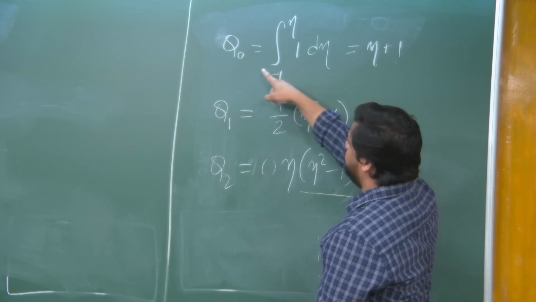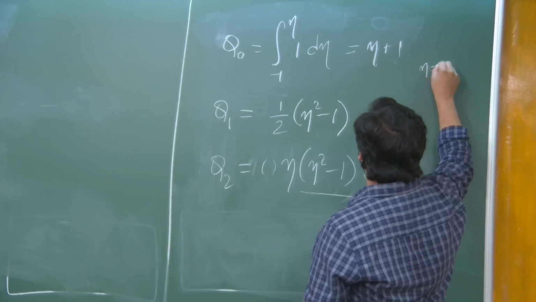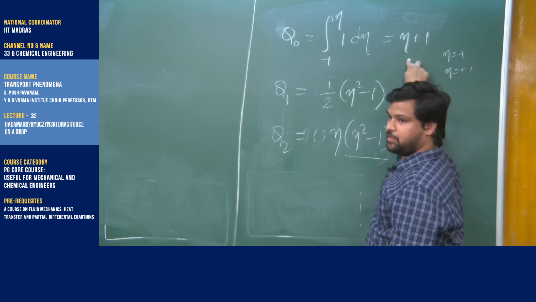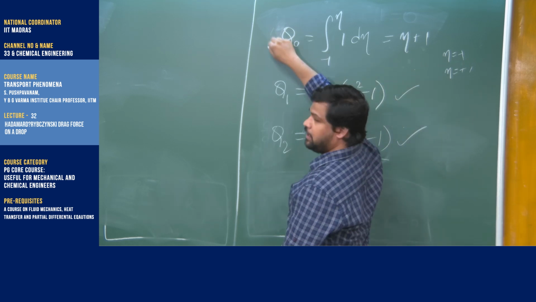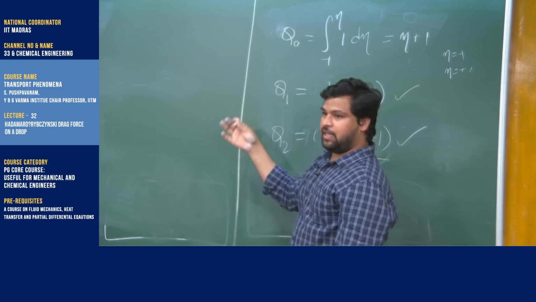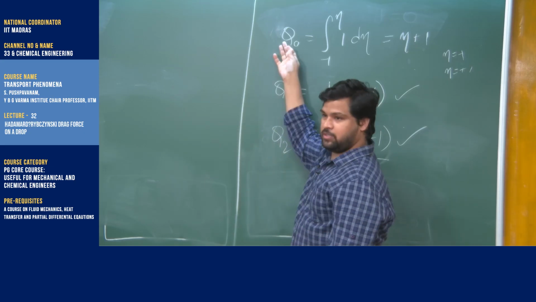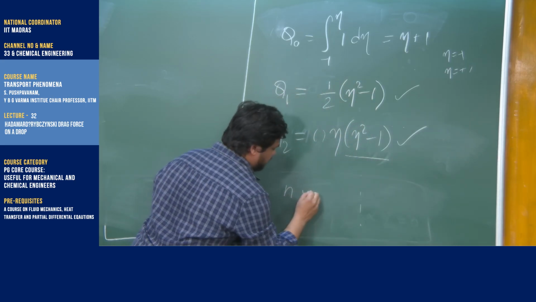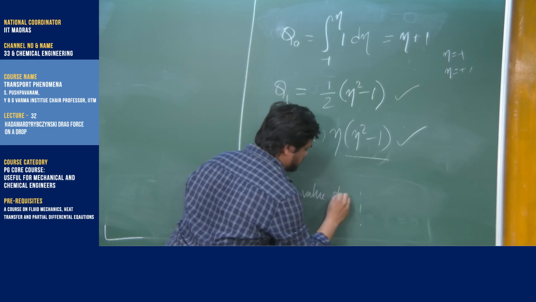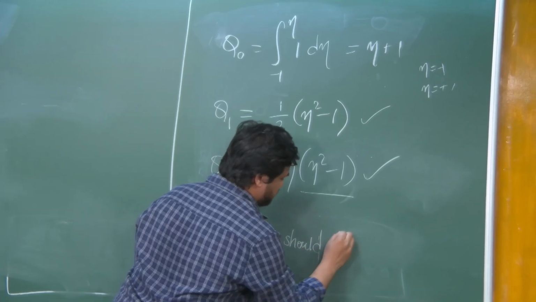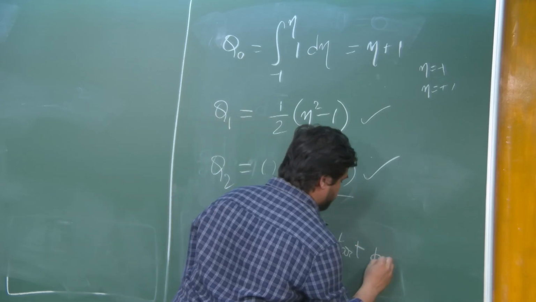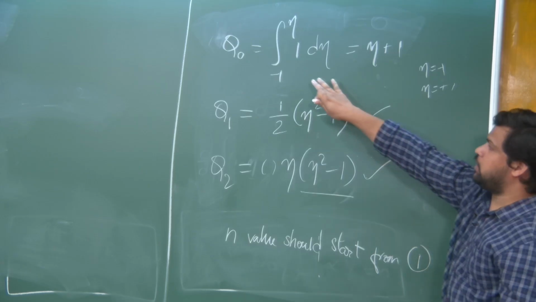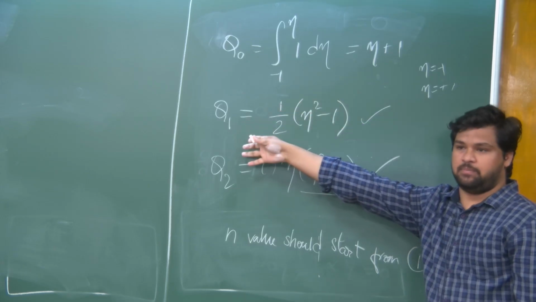But if you take Q naught, for eta equal to minus 1 it is satisfied, but for eta equal to plus 1 it is not satisfied. So in our solution we will neglect Q0, which means the n value should start from 1, not from 0. This you should remember. This Q naught is not an eigenfunction for our problem.